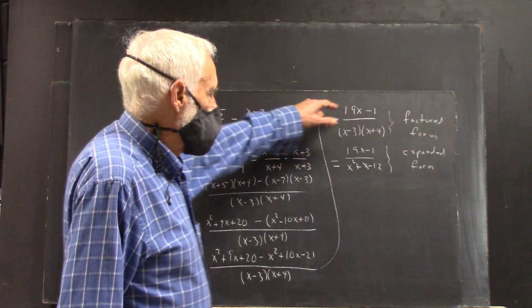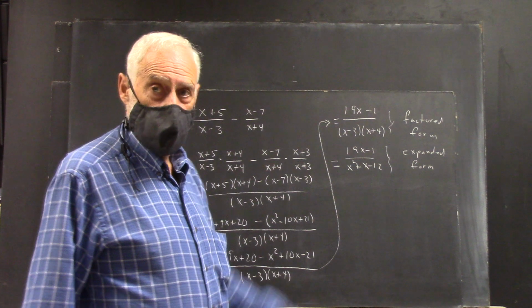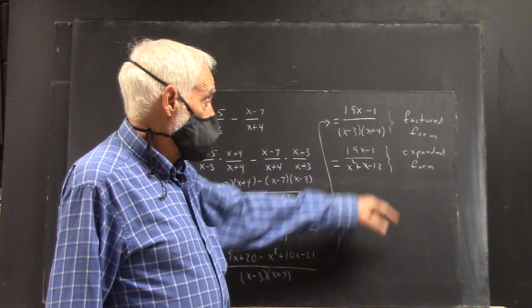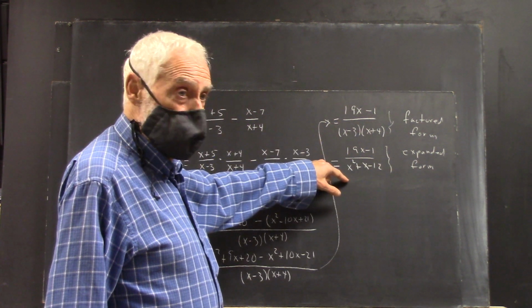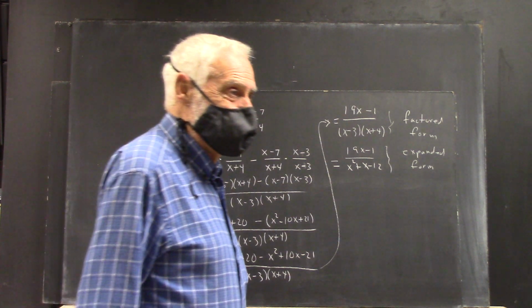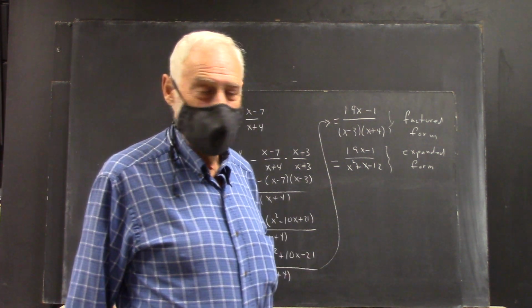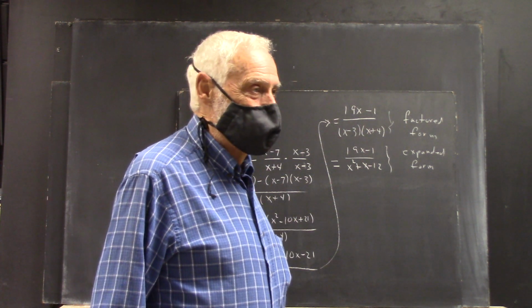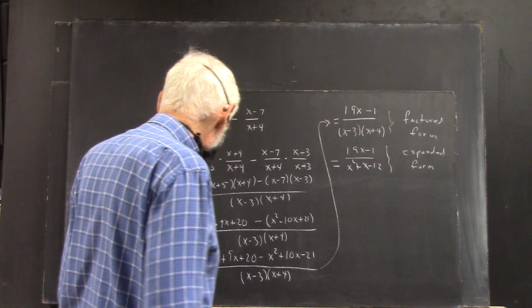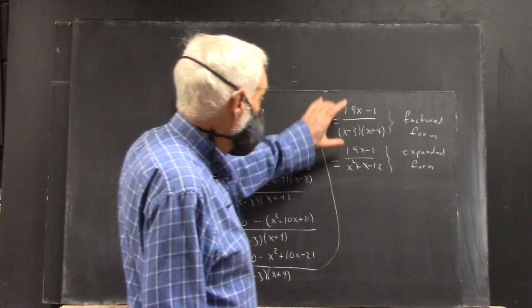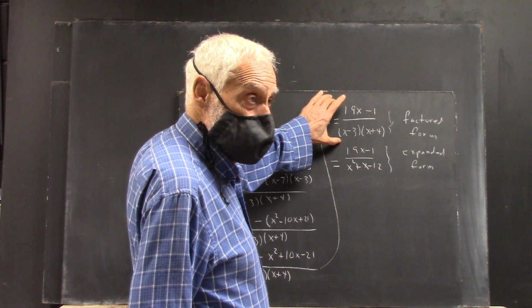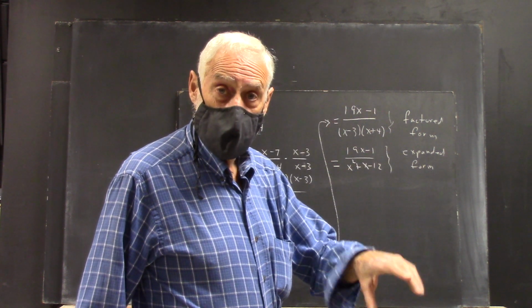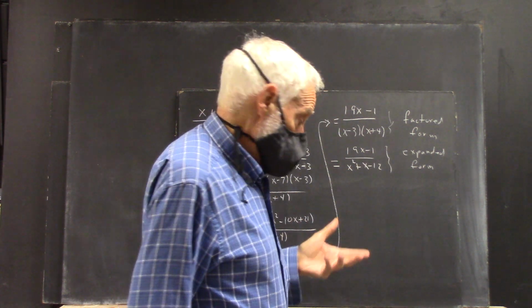Factored form is what you use when you want to see what's going on. Expanded form is what you use when you want to confuse yourself or somebody else. Or answer a question that asks for the expanded form. Okay, sometimes it's an important form. Usually you want to see it factored, as that tells you just exactly what the expression is made up of.